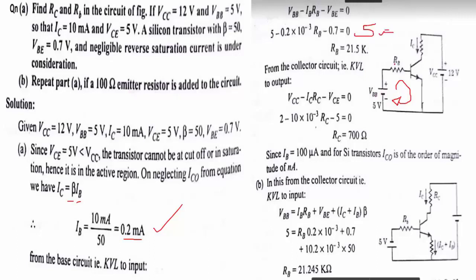Tunaenda hapo IB RB, plus tunapita hapo base-emitter voltage, tunarudi that way. Ukizileta huku zote unapata hichi kitu hapo. So from here we have VBB as 5, we have IB as 0.2 milliamperes, and the VBE we are given is 0.7. So we are left with that unknown.